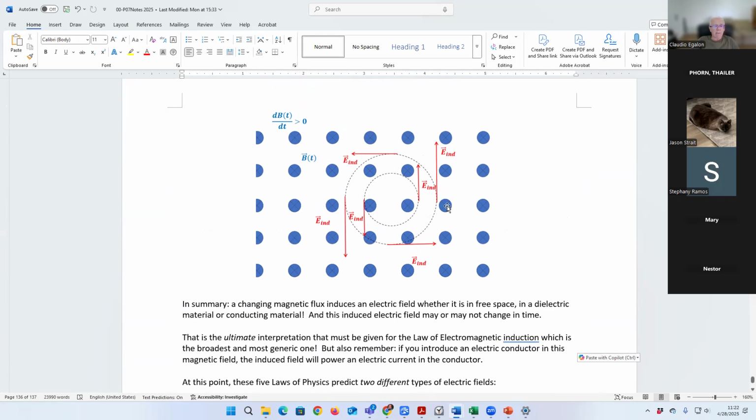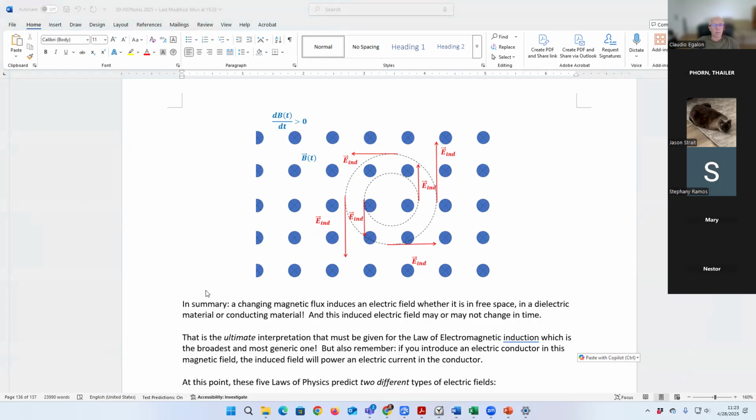Think about that. We have a magnetic field that changes in time, most likely sinusoidal in time, back and forth, right? Just like a generator. You turn on your generator, you create a magnetic field around the generator that changes in time, and this induces an electric field as well.